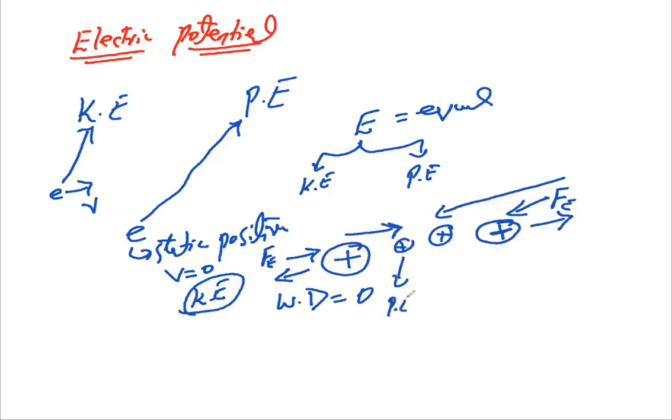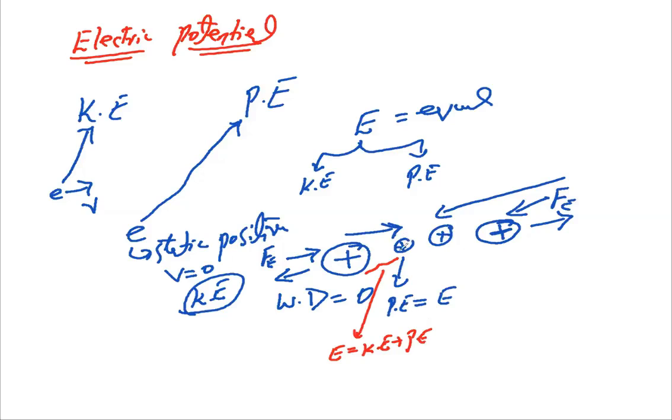There will be no kinetic energy. But when you move from this position toward this, there will be some kinetic energy, but that kinetic energy will be less. So at this point, my total energy will be potential energy. So this charge will store that potential energy in itself.